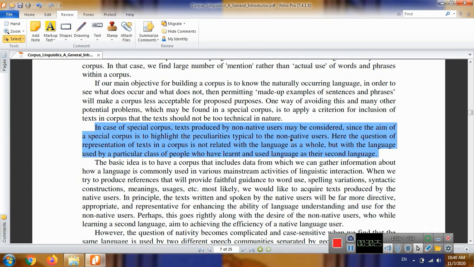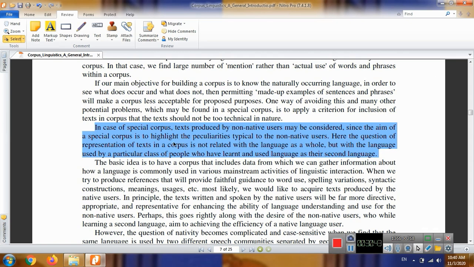In a special corpus we want to find some features of non-native users, so we should use and highlight the text produced by non-native users.